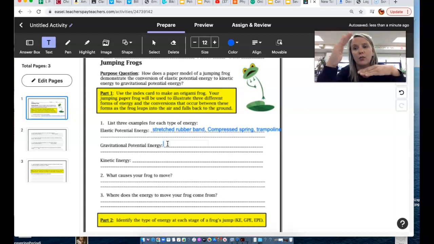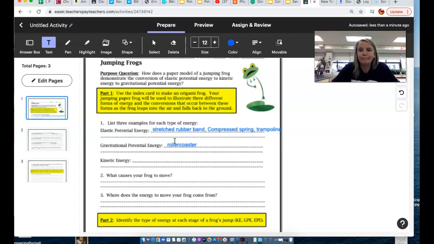That's different than compressing a spring or stretching a rubber band. This is something that is set up on a slope that is going to come down the slope. Okay, so a roller coaster is a classic example. Oopsie, I need to type that in there. Roller coaster.